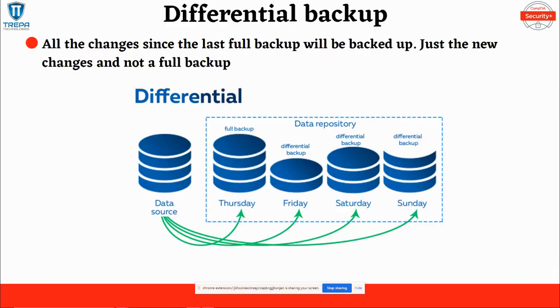A differential backup will only back up the new changes made after a full backup, right? So that's the difference between incremental and differential. Full backups and differential backups are usually used together in a backup system, deployment, or implementation, right?